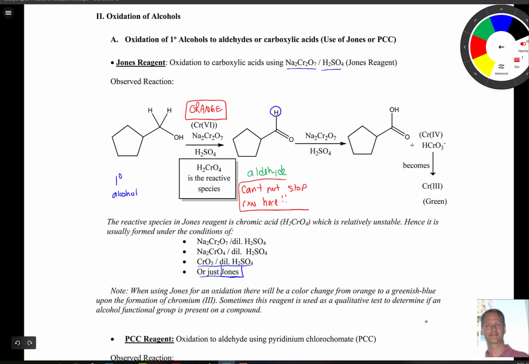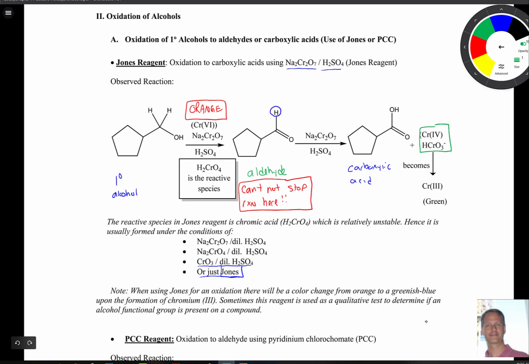This is just to show you your stepping stone, your halfway point. We still see the sodium dichromate, sulfuric acid in there, and now we get oxidized to the carboxylic acid. So primary alcohol becomes aldehyde, aldehyde becomes carboxylic acid. And as a side note, the other thing that we get is this fellow here.